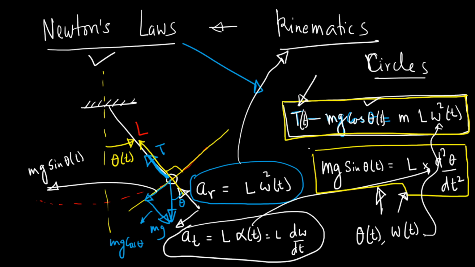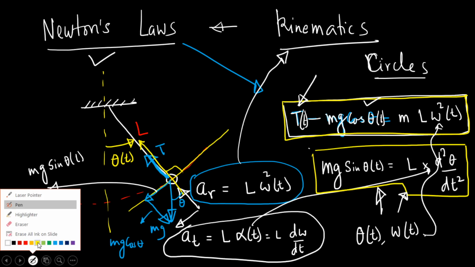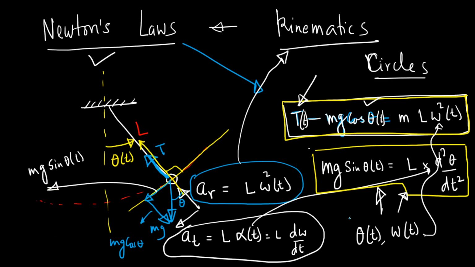So here we go. From whatever I've written on this board, it's looking a little cluttered, but I think what we're trying to say in principle is that this is solvable, this is solvable, and T is solvable. And all the three unknowns are what we are looking for. So is T as a function of time important?